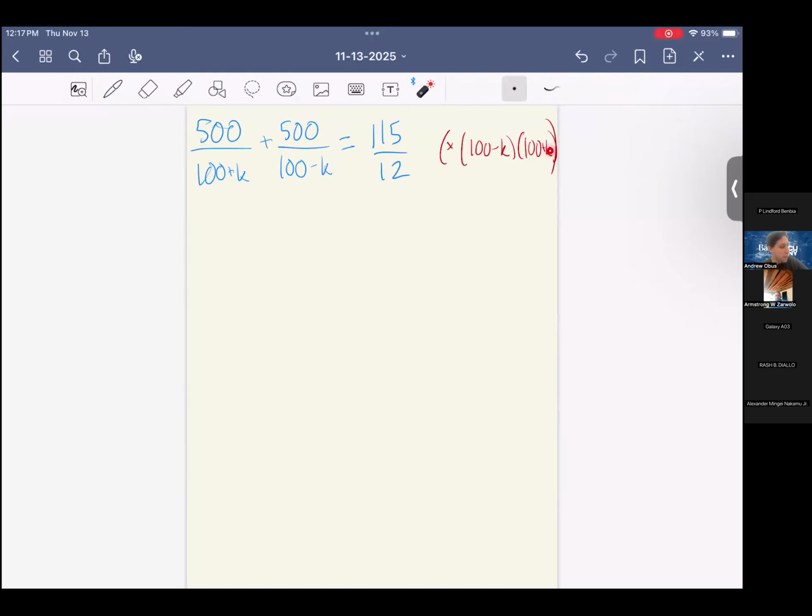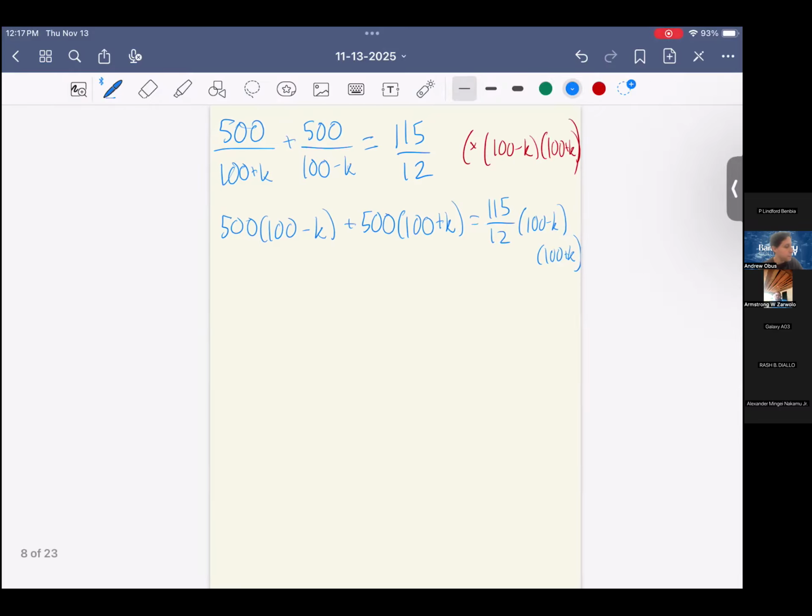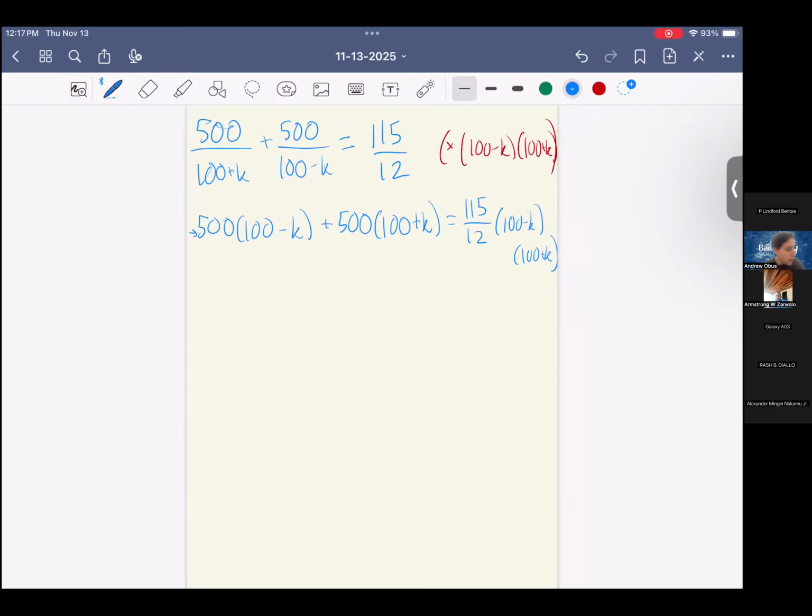So in this case, if we multiply by these, the first term, the 100 plus k, cancels with the 100 plus k, and we're left with 500 times 100 minus k. Similarly, here we have 500 times 100 plus k, and this should be equal to 115 over 12 times 100 minus k times 100 plus k. And now let's expand everything out.